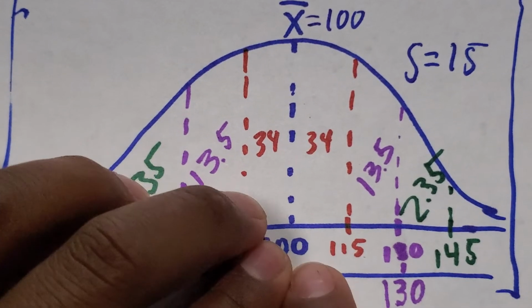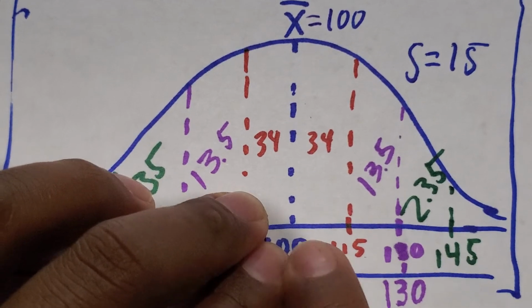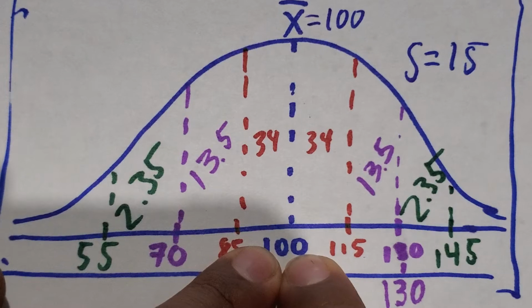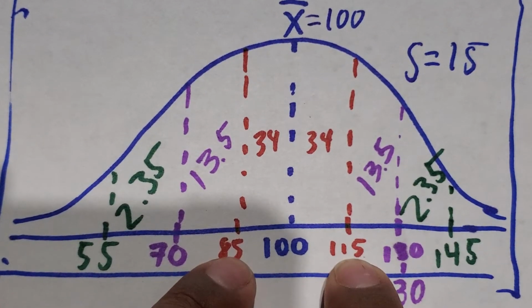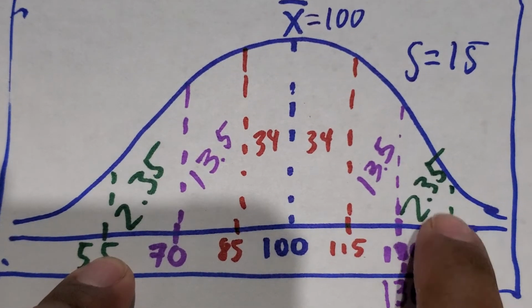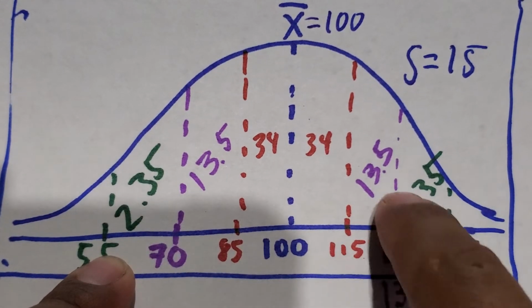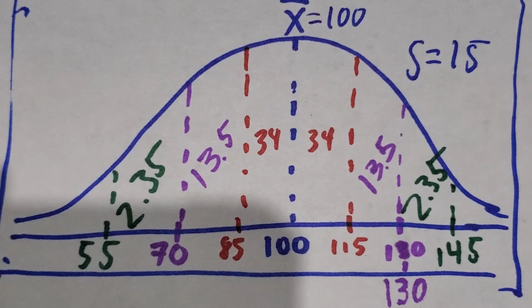Again, if you just say 3 above, they're just adding 15 3 times. If you say 3 standard deviations and you don't say above or below, you just imply it's both. So you're adding 15 3 times and you're subtracting 15 3 times. And in here, if you add up all these percentages, that'll add up to 99.7% of your data values within 3 standard deviations.